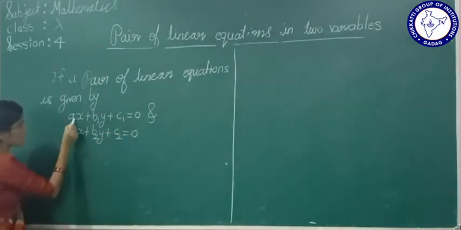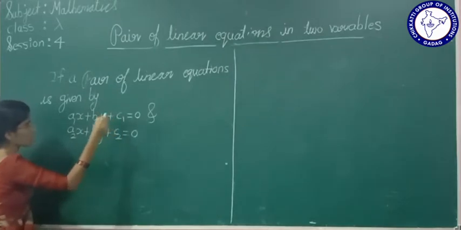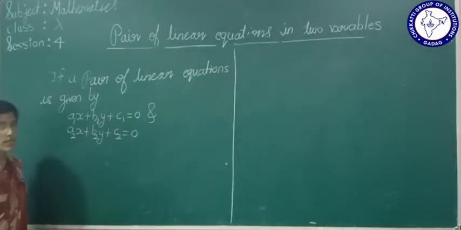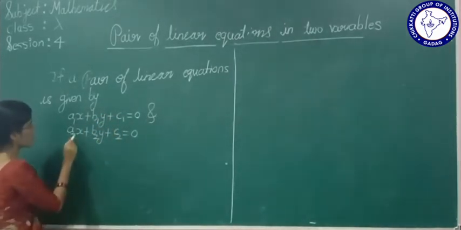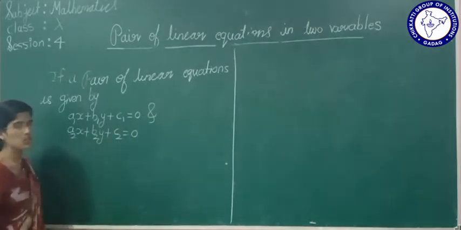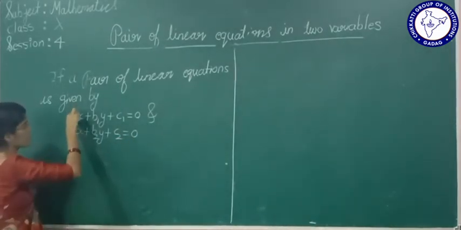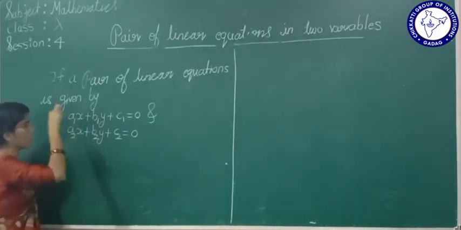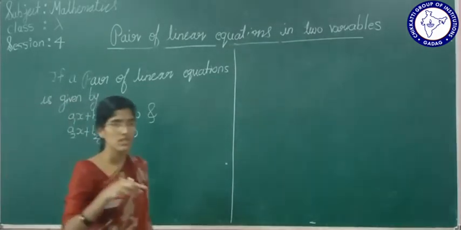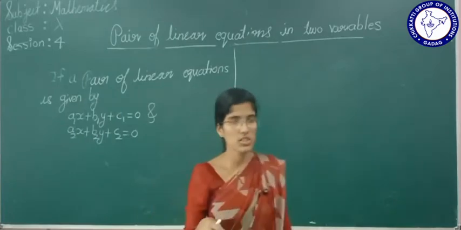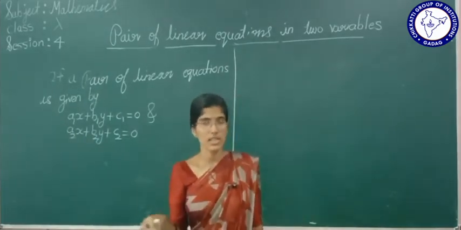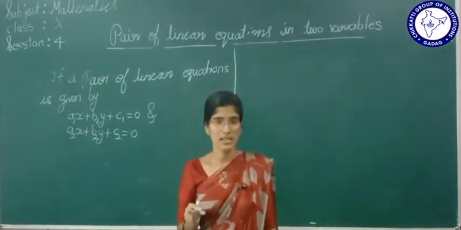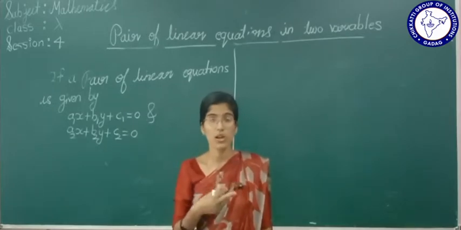Here subscript 1 means this is equation number 1, and subscript 2 means this is equation number 2, so as not to get confused.